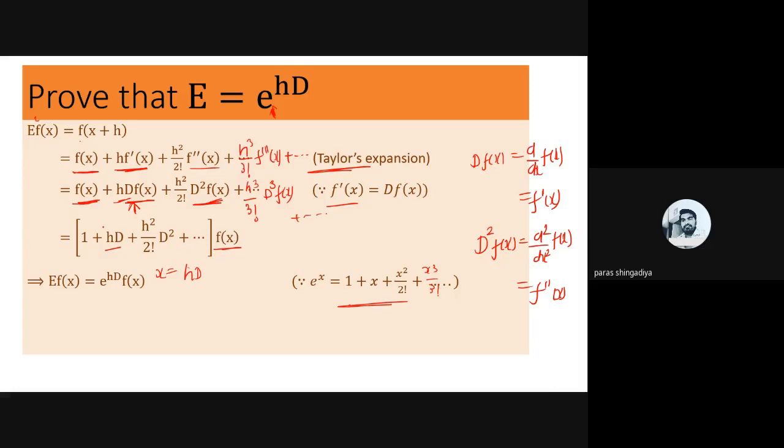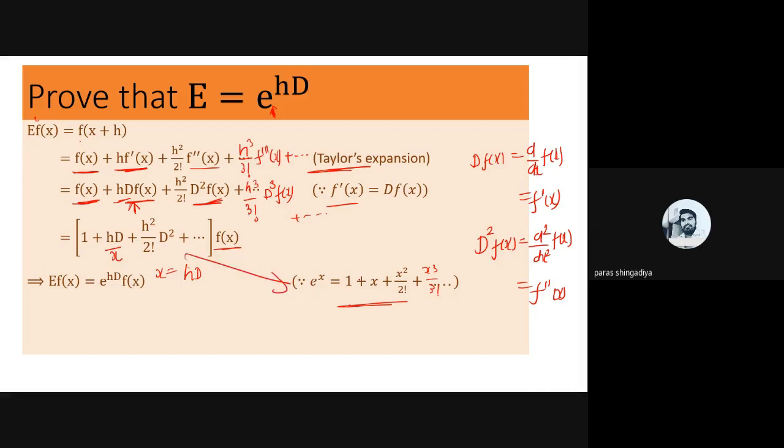Okay, so it is one type of e raised to x series form. So we can write e raised to x as e raised to hD into the f(x). So E f(x) is equal to e raised to hD into f(x). Just we consider x as hD in this series, and they are the same now.